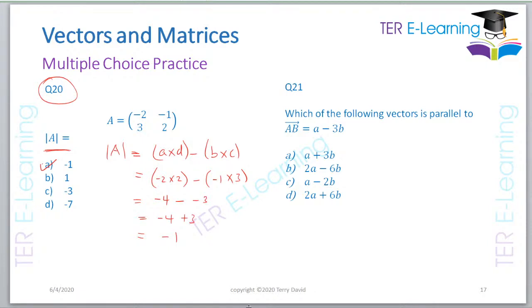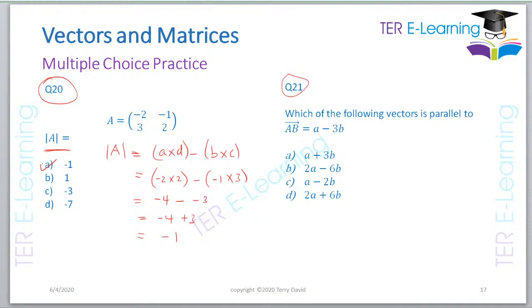What about question 21? In question 21, we have a vector AB which is A minus 3B. Which of the following vectors is parallel to AB?